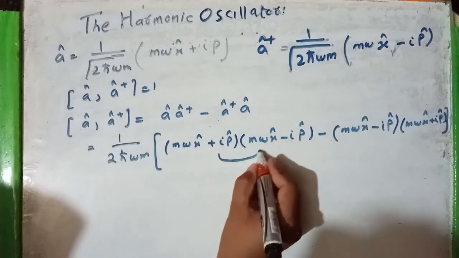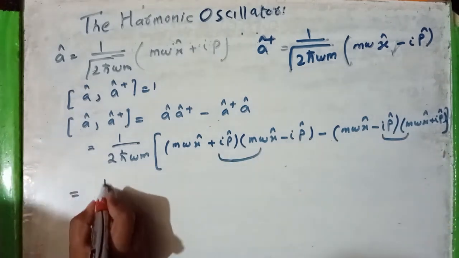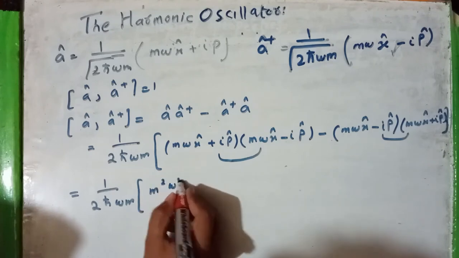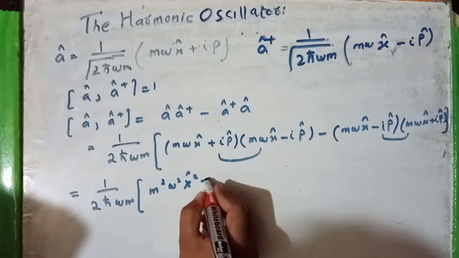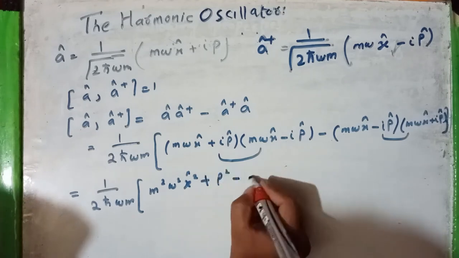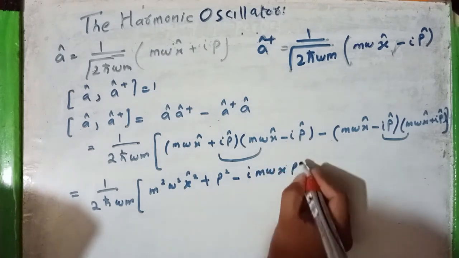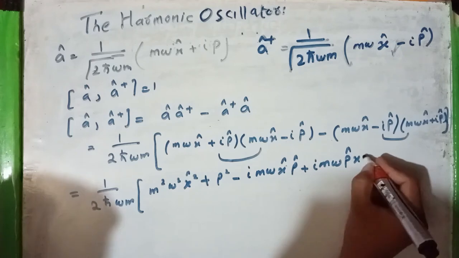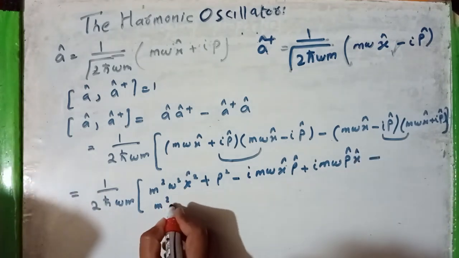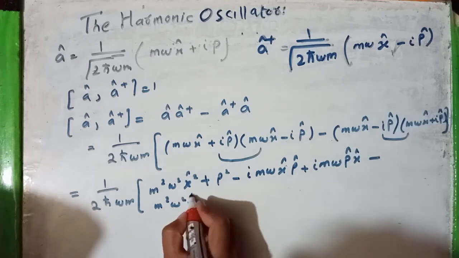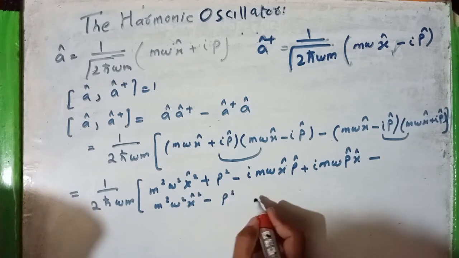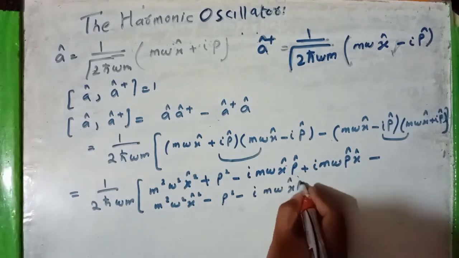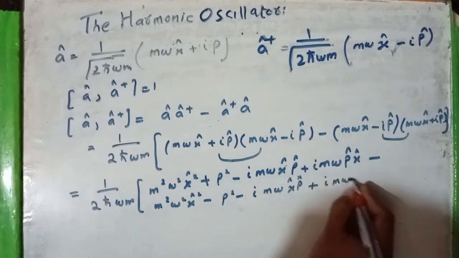Now we will multiply these two terms and these two terms. So this is equal to 1 over 2 h-bar m omega multiplied by m squared omega squared x squared plus p squared minus i m omega x p plus i m omega p x minus m squared omega squared x squared minus p squared minus i m omega x p plus i m omega p x.